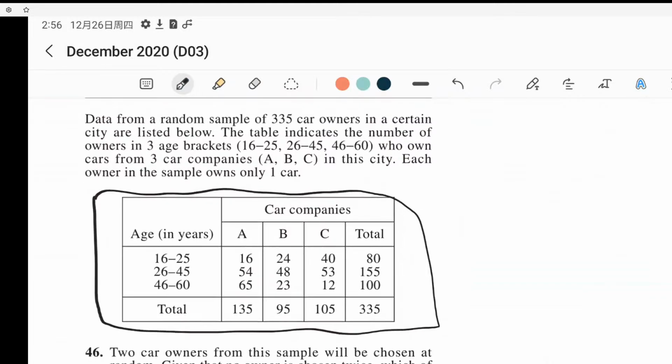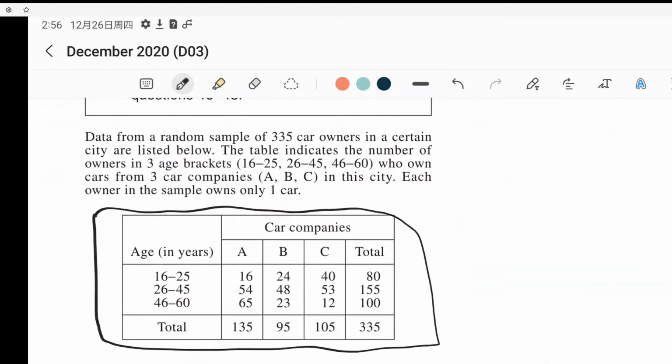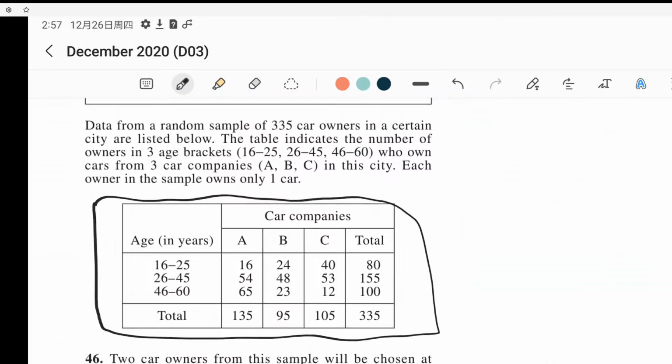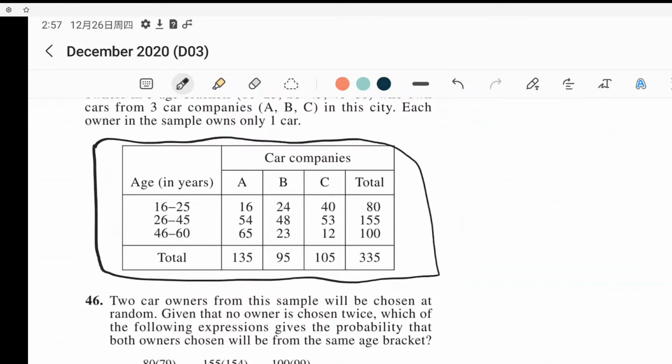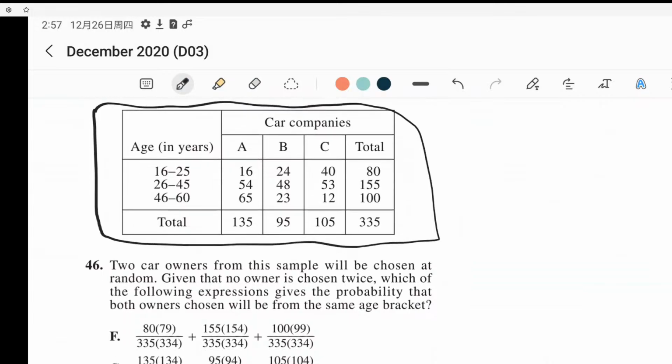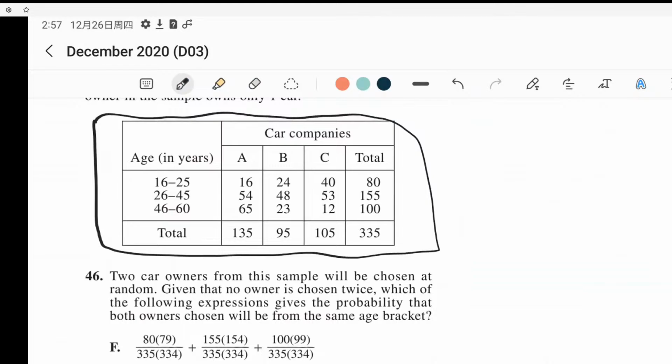Okay. So we're given a sample of 335 car owners in a certain city. And we have the ages in the 3 brackets, 16 through 25, 26 through 45, and 46 through 60, who own cars from 3 companies, and each owner in the sample only owns 1 car. Quite confusing. 2 car owners from the sample will be chosen at random, given that no owner is chosen twice.